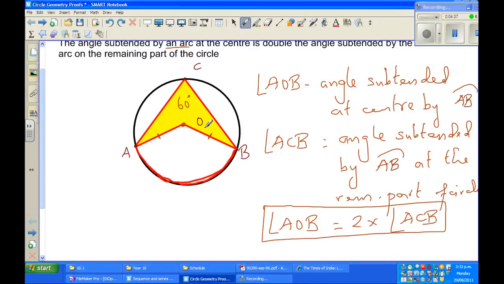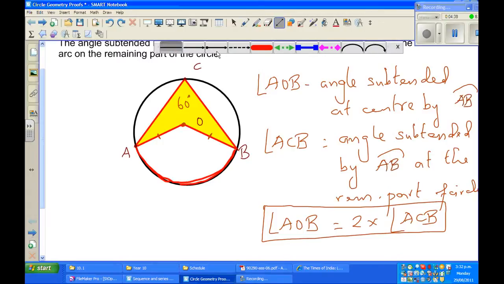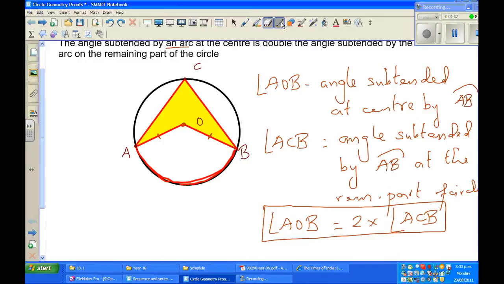Now I'm going to draw a ray from C passing through O. Let me remove this first, and let me draw the ray. So what have we got?